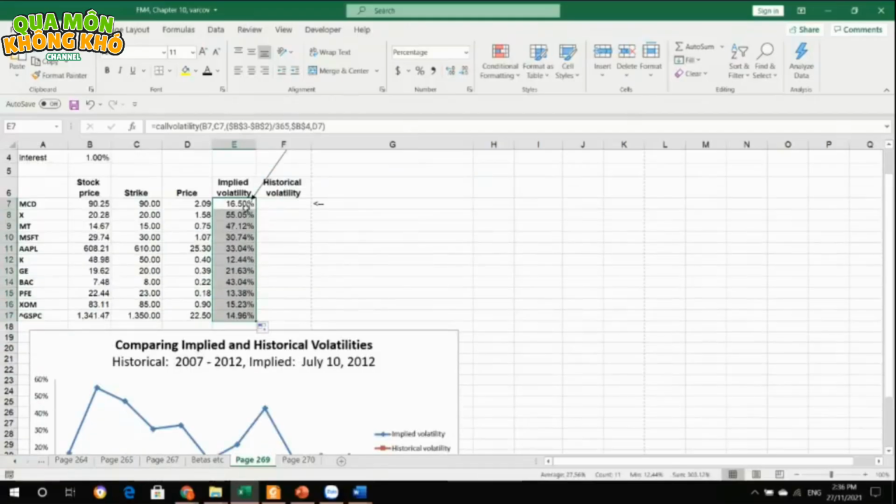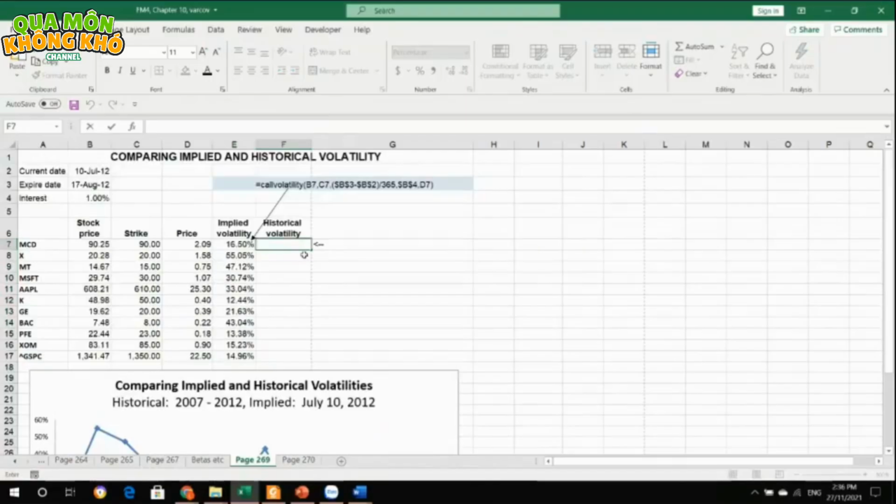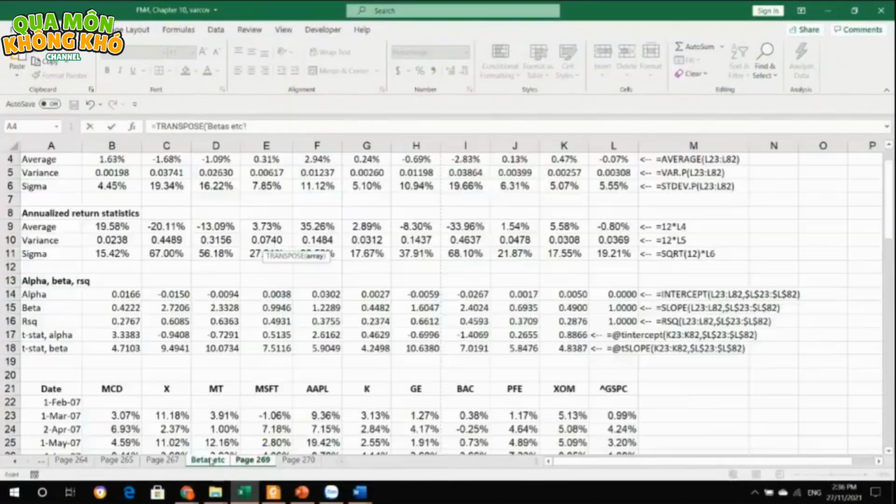So we have the implied volatility, and now we calculate the historical volatility by using the function transpose. I already have it in this sheet.